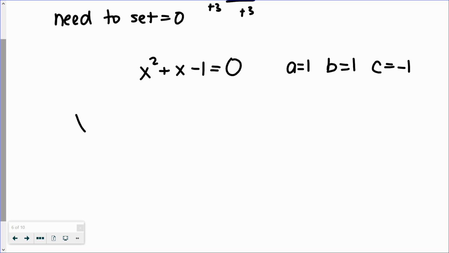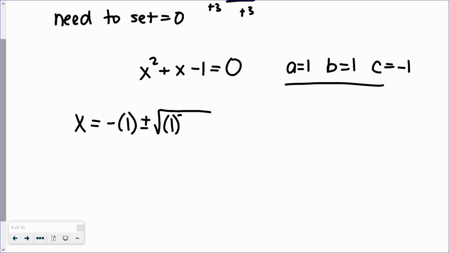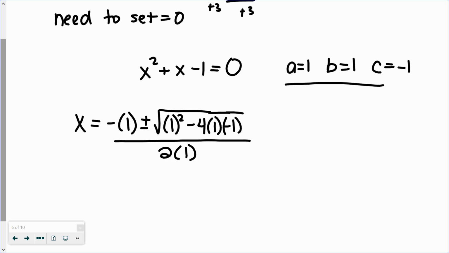So slotting in all those a's, b's, and c's: negative b, so negative 1 plus or minus the square root of b squared minus 4 times a times c, divided by 2 times a. So again, don't be a hero.